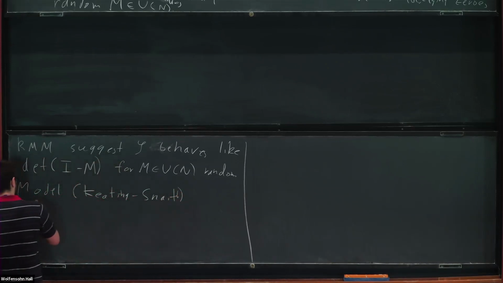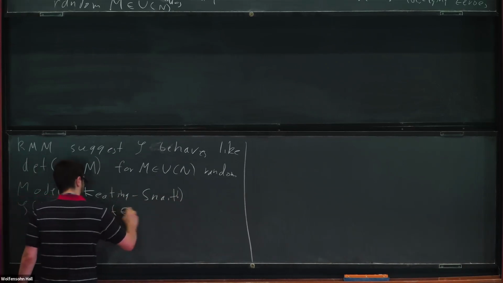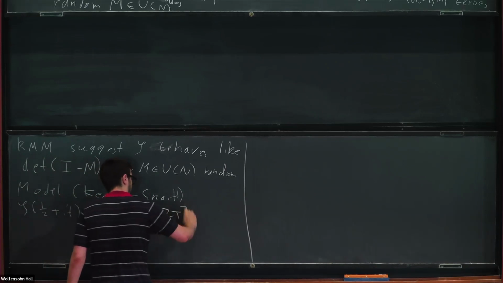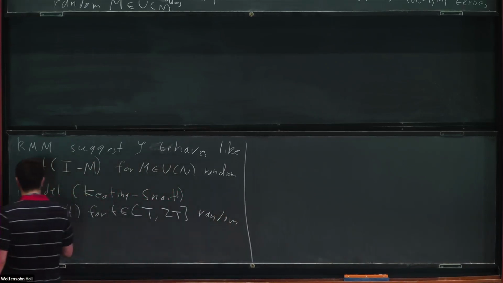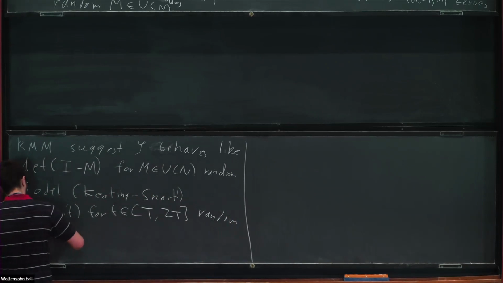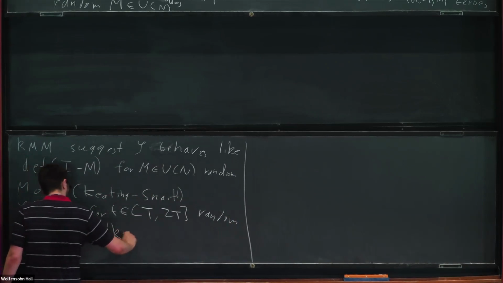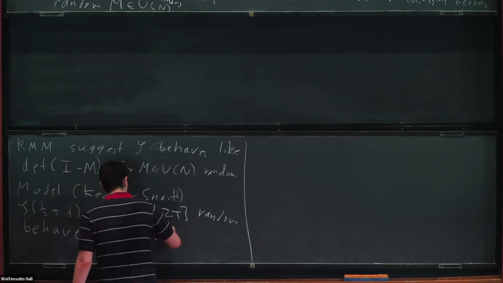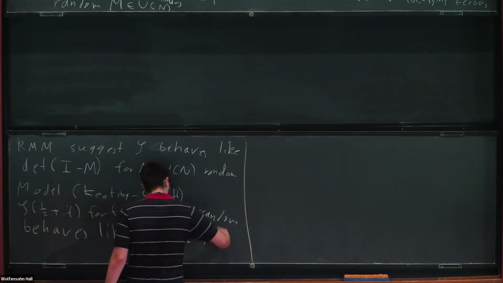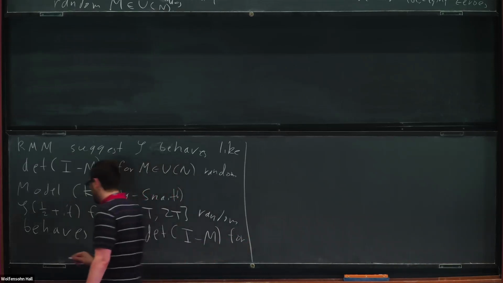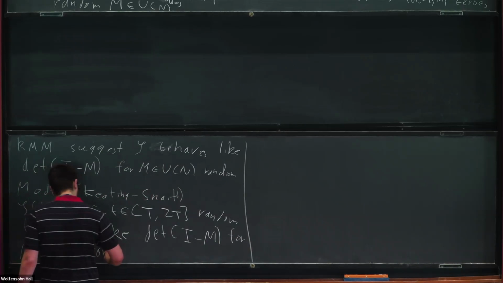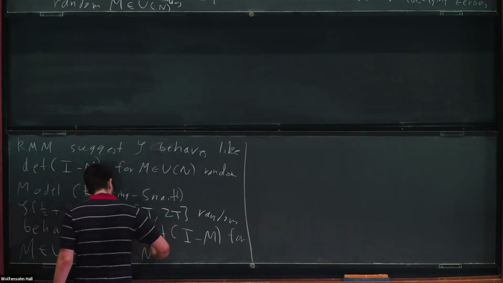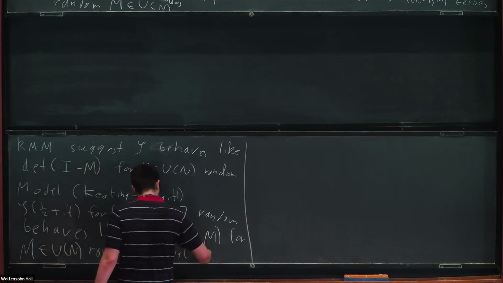They said that zeta of 1/2 plus it, for t random in the interval from T to 2T, behaves like determinant of I minus M for M in U(N) random, where N is close to the logarithm of T over 2 pi.